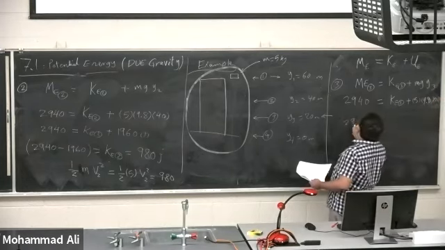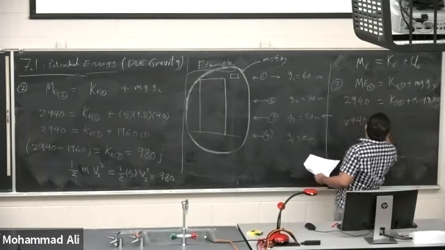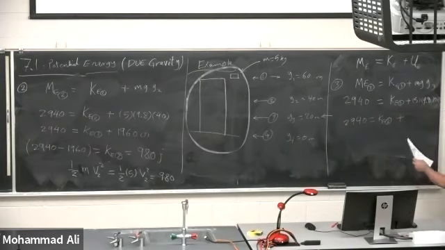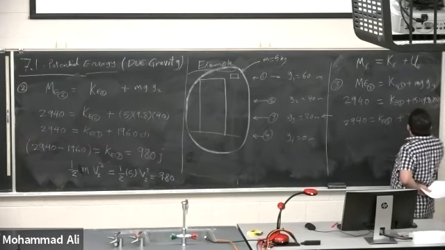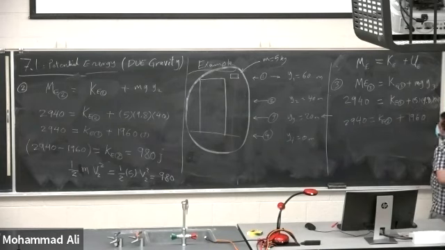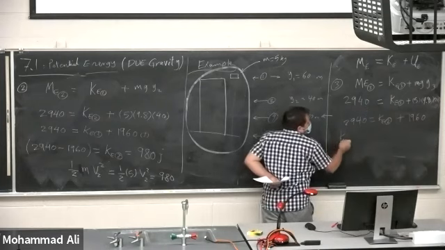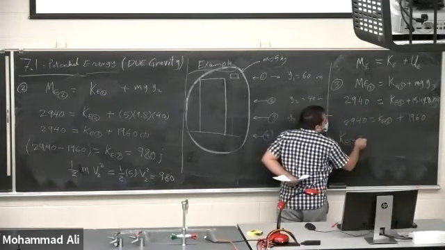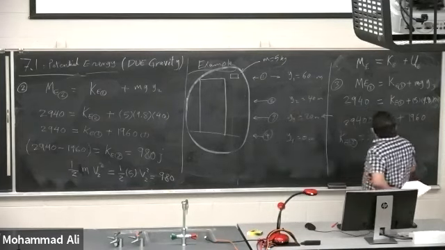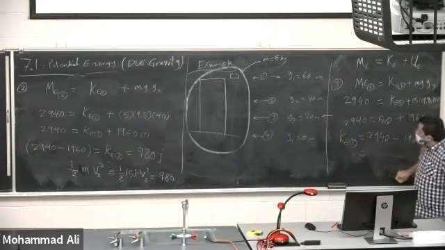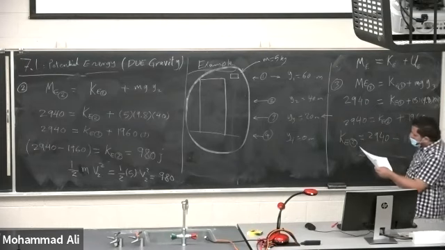So the kinetic energy will be equal to this minus that. The kinetic energy at point number 3 is equal to 2940 minus 1960.